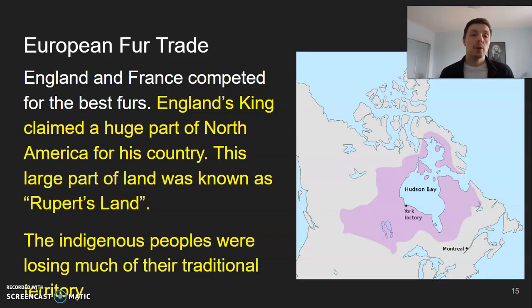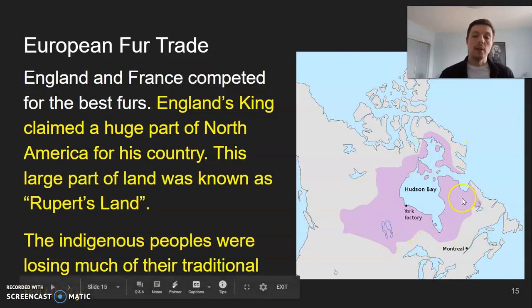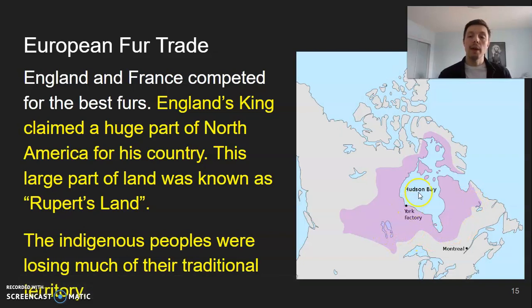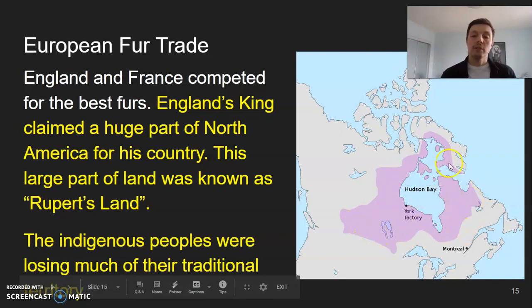England and France were competing for the best furs. England's king claimed a huge part of North America for his country. This large part of land was known as Rupert's Land, and it was all the land that went around the Hudson's Bay. So if a river drained to the bay, that became part of England's claim to the best furs.